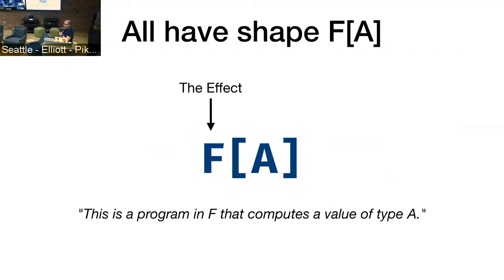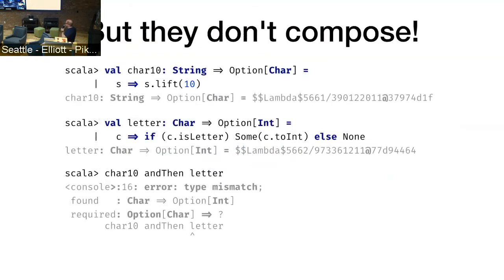But it's a good generic way to refer to these things, and you will often hear functional programmers just saying, I have a program, and programs are just values in this case. Okay, but they don't compose, as we've seen.